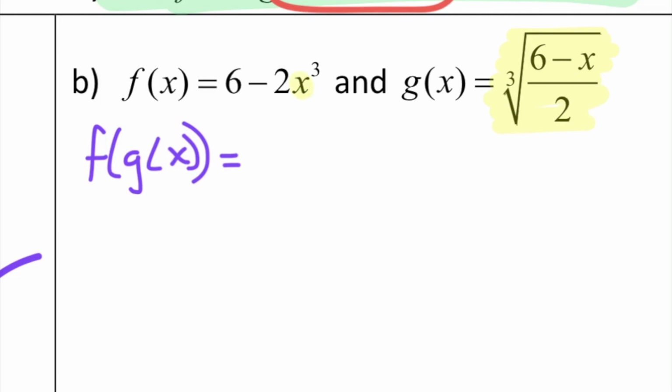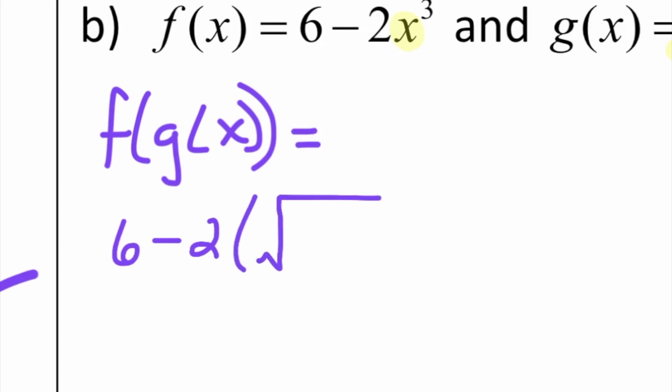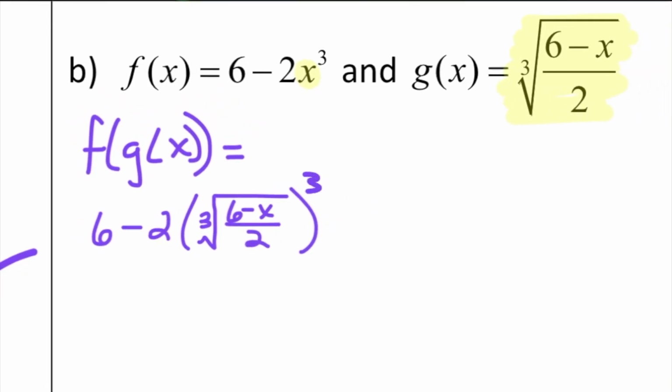Aha! So that already sounds like a deal. So 6 minus 2 times, and I'm going to put parentheses there, cube root, big ugly stuff inside of the cube root, 6 minus x over 2, parentheses, and then cubed.